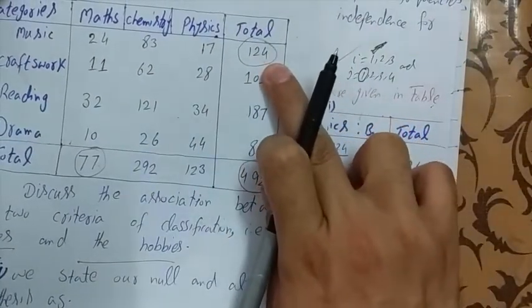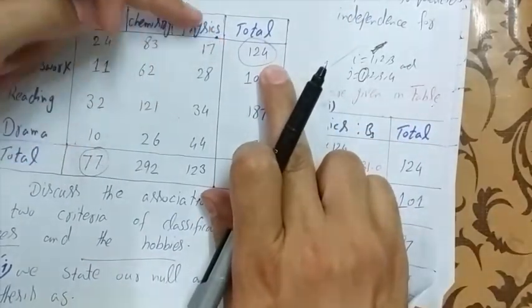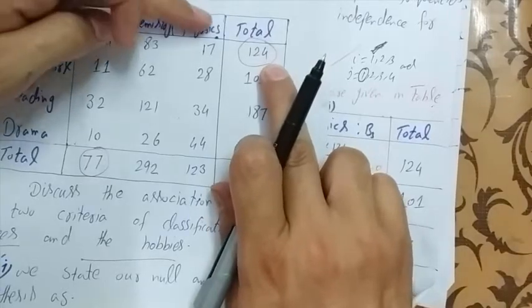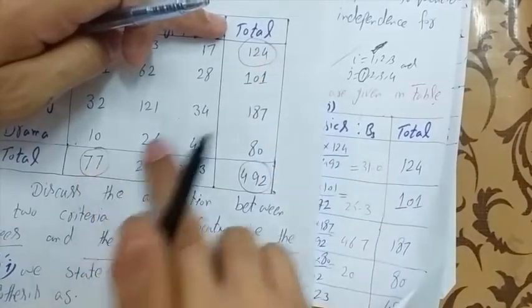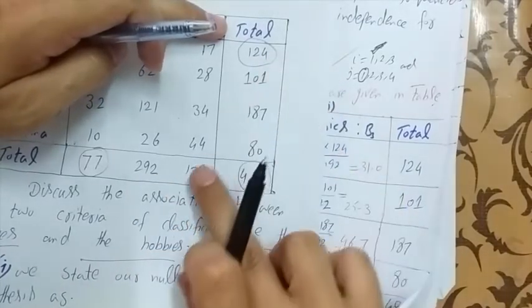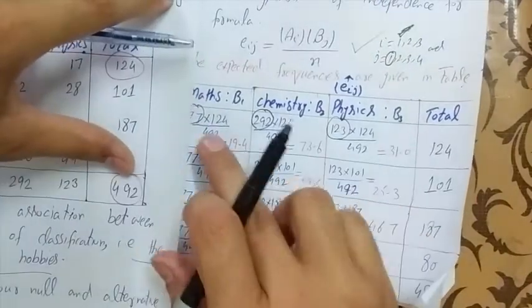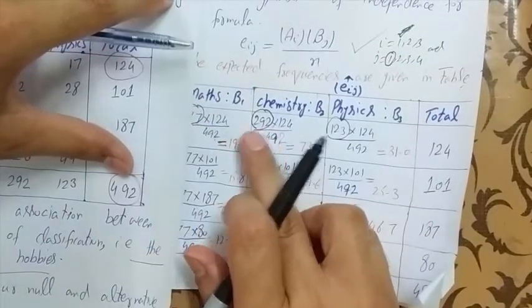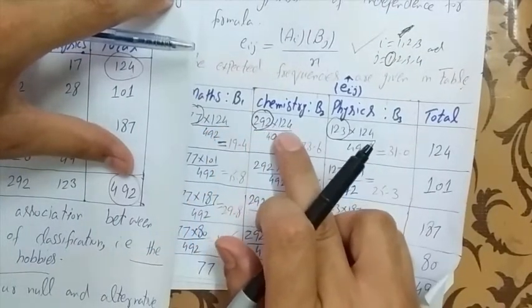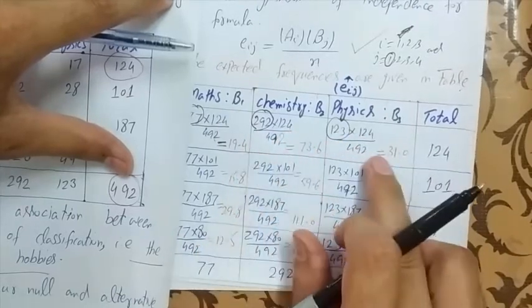I fix 124 and multiply by each row total: 77 multiplied by 124, 292 multiplied by 124, and 123 multiplied by 124, and divided by 492.